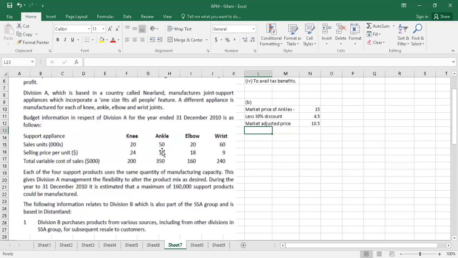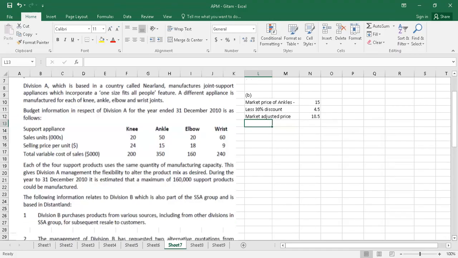Otherwise, they are charging 15. You can see this. Is this clear? Yes, ma'am. Okay.